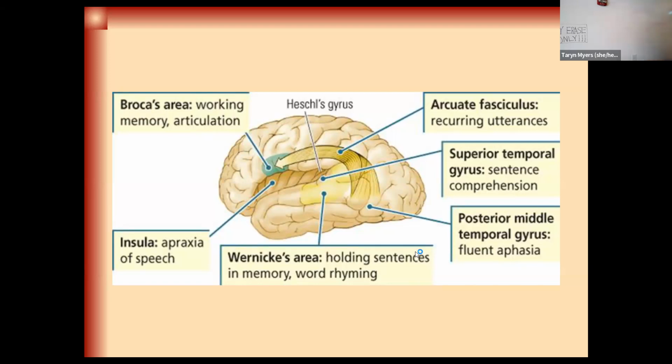So again, if we're thinking about the aphasia we were just talking about, if essentially the connection between Wernicke's and Broca's is important, right? It's either been severed or there's a blockage. That is where that is going to stem from.